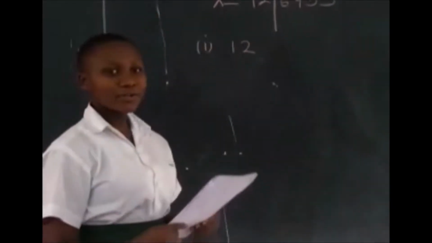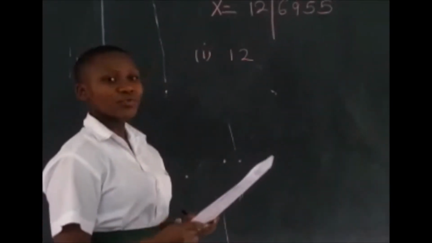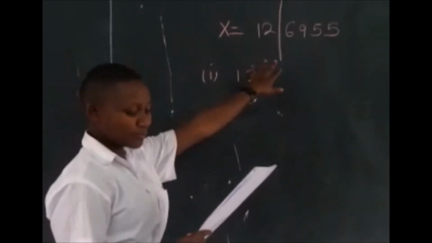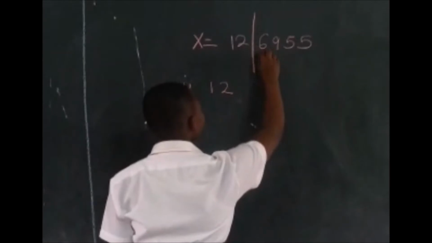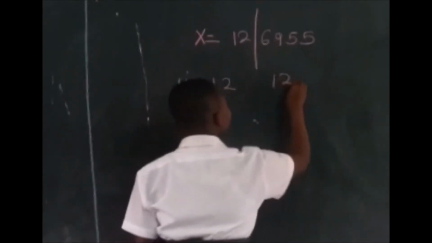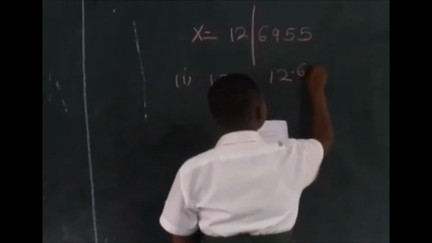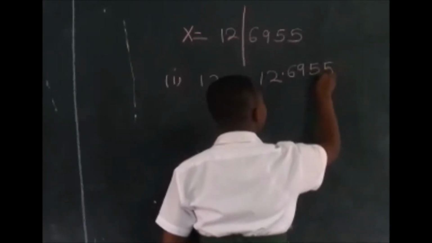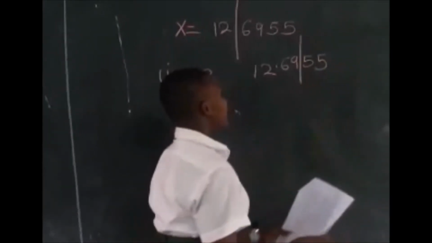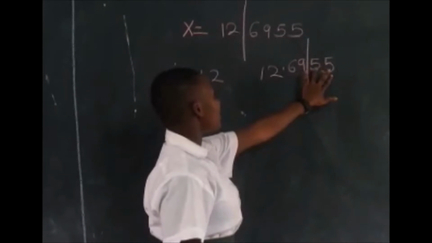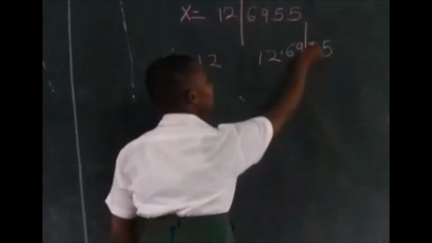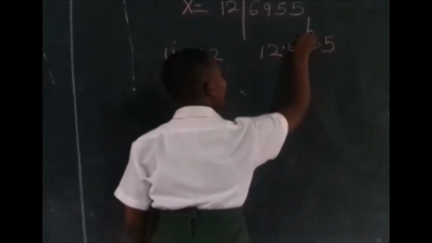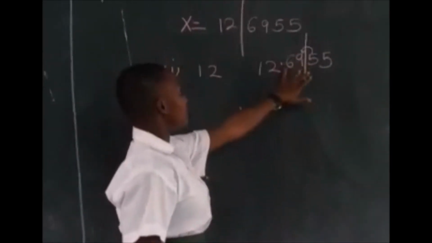Then, when we go to Roman numeral 2, they're telling us to round off to two decimal places. So the two decimal places end here, but the number here is 5, and so we can shift the 1 from here and it goes here, but when it comes here to 9 it becomes 10.